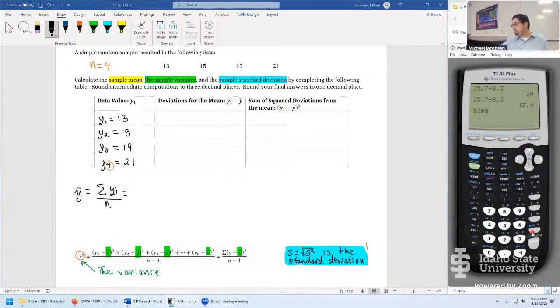Let's go 13 plus 15 plus 19 plus 21. So that's all this weird symbol here is trying to say. It's saying summation of the yi values. We get 68. Divide by 4, which is our value n.